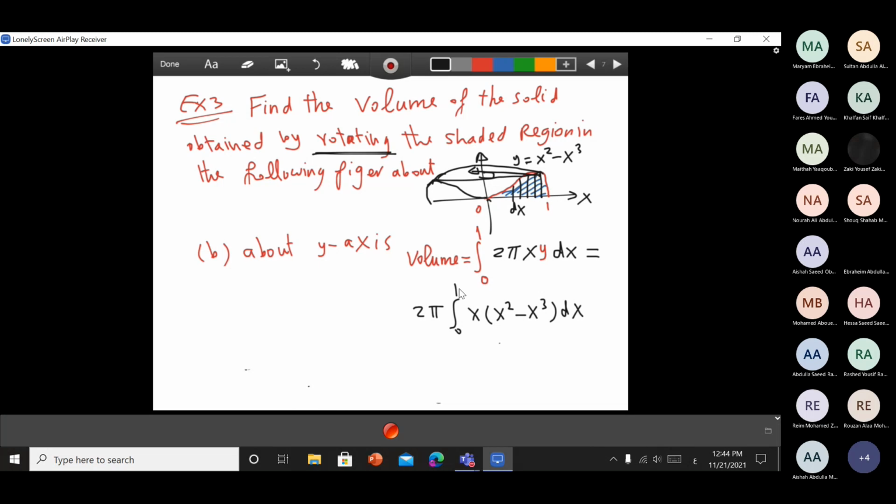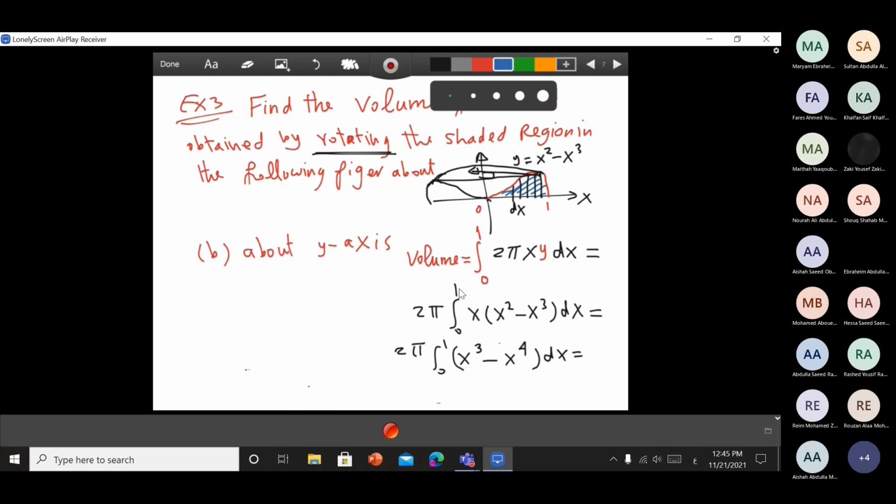How to integrate this one? Multiply x first. So you have 2 pi, the integration from 0 to 1, x times x squared is x cubed, minus x to the power 4, dx. If you have your calculator, you can do it, but I prefer you do it by hand.